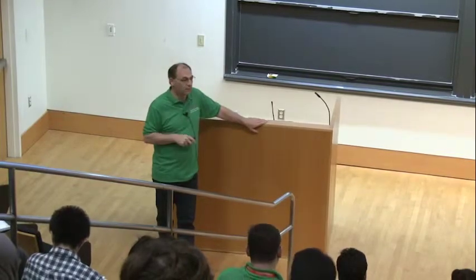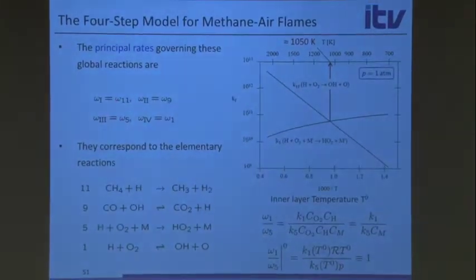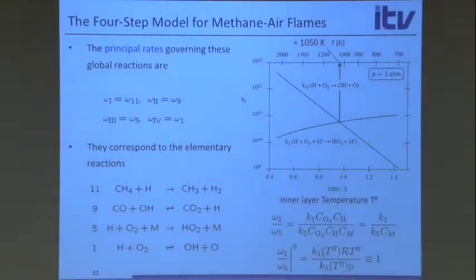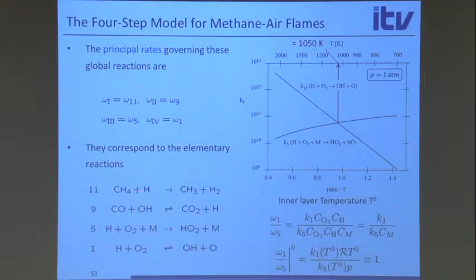Then always the whole process goes with the first reaction. So for the reaction 1 here, fuel consumption, it goes with this reaction. The CO oxidation goes with this reaction rate. The chain breaking goes with the reaction rate of this reaction, and chain branching here with the reaction rate of this reaction.